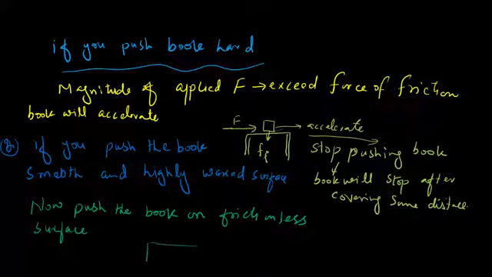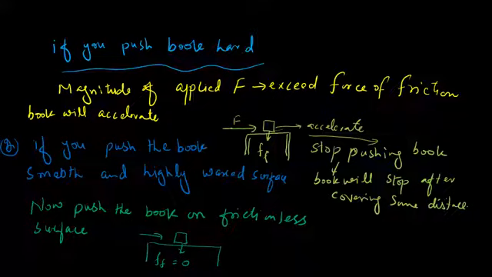This is the table, and here is the book. Now we suppose that the force of friction is equal to 0. The surface is highly polished, so there is no force of friction.